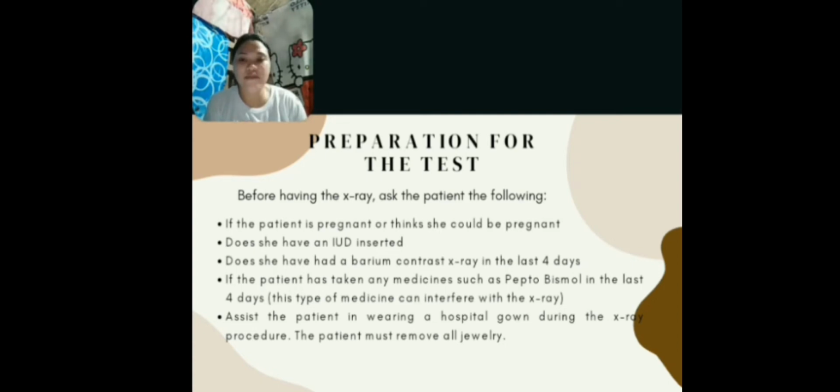If the patient has taken any medicines such as Pepto-Bismol in the last 4 days, this type of medicine can interfere with the X-ray. Also assist the patient in wearing a hospital gown during the X-ray procedure. The patient must remove all jewelry.